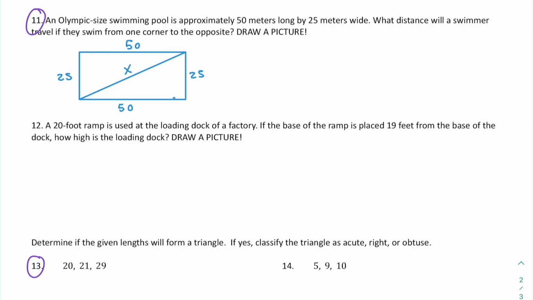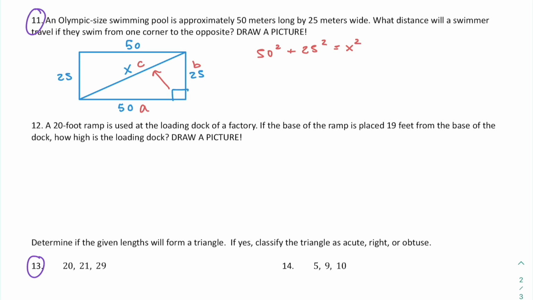And this is on a right triangle if you only look at half of it, right? So we can ignore this section, look at that bottom right triangle, and we will be able to use the Pythagorean theorem. So I'm going to go through and label. Across from the right angle is my hypotenuse. The other two sides are legs. I would then set up the Pythagorean theorem. So 50 squared plus 25 squared equals x squared.